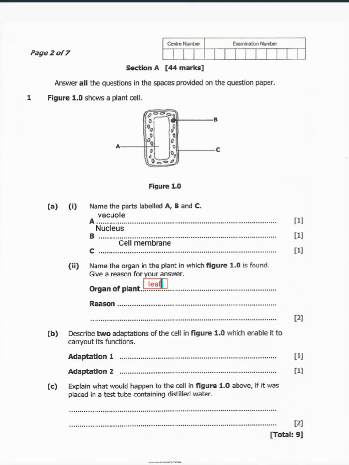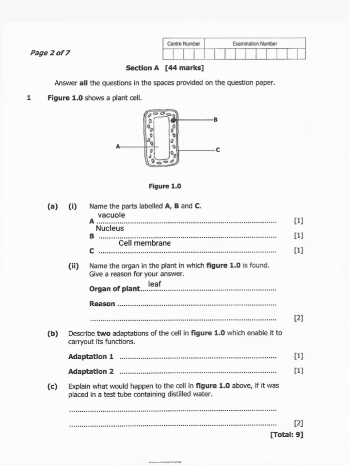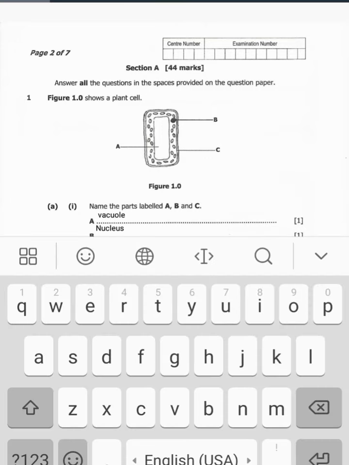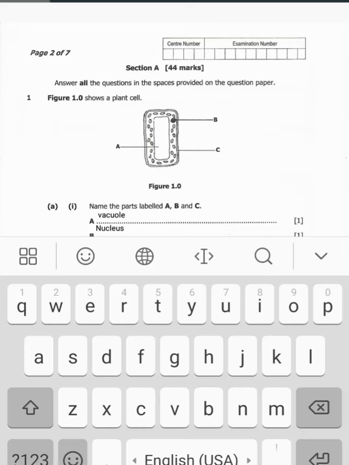Okay, then what is going to be our justification for our answer? The justification we can put is because of the presence of many chloroplasts, or because of the rectangular shape which increases the surface area for the absorption of sunlight. So we can state those two reasons.